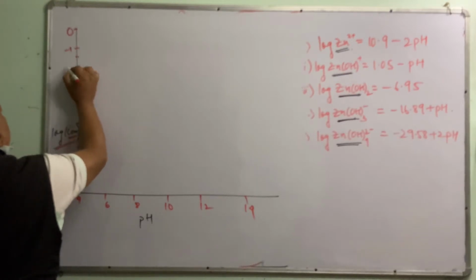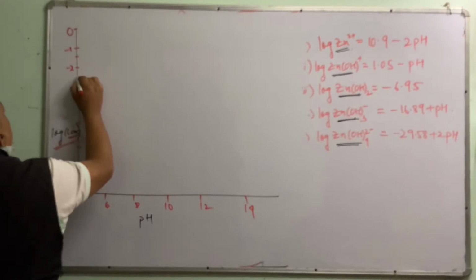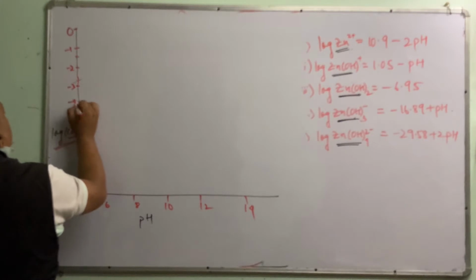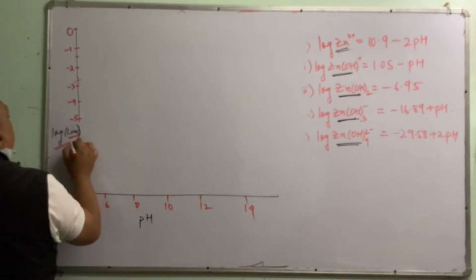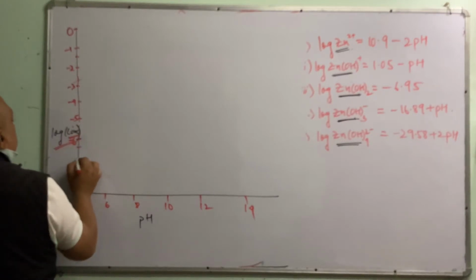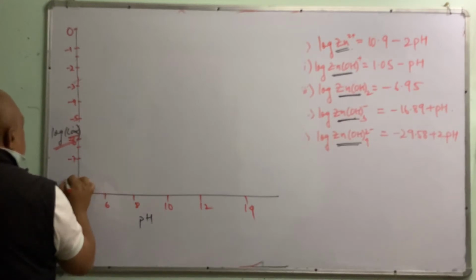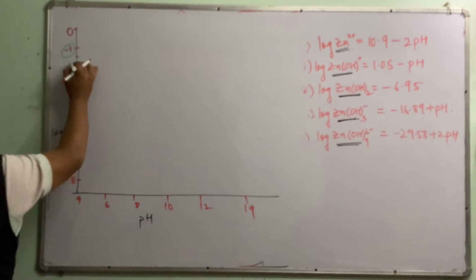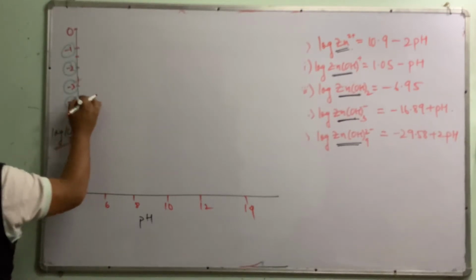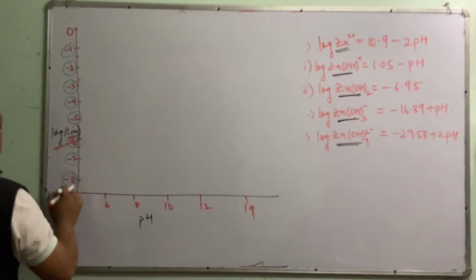Minus 1, minus 2, minus 3, minus 4, minus 5, minus 6, minus 7, here around minus 8. Okay, these are your minus 1 through minus 8.